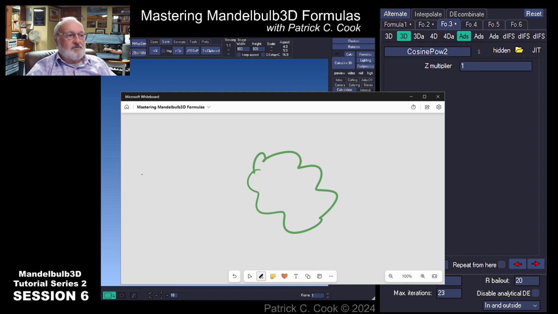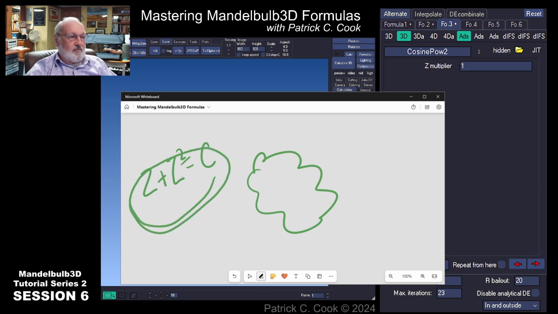I don't know, let's just say z plus z squared equals, and then the output, something like that. And what's going to happen is our iteration count is going to actually execute this formula over and over and over again. That's iteration count.